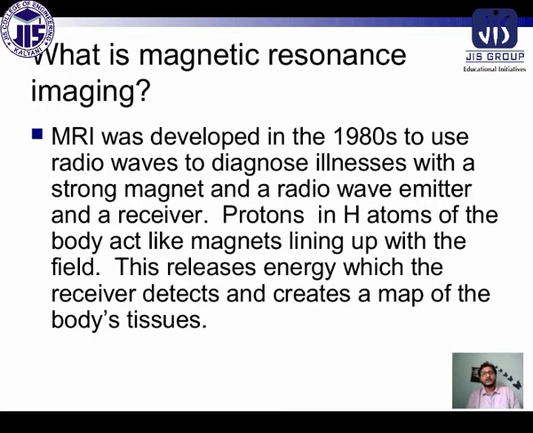So this is nothing but the interaction between these two signals, and as a result some protons come out and react with the magnetic part, and as a result we get images, and this is called magnetic resonance imaging. Basically this MRI technique is used for the medical field.